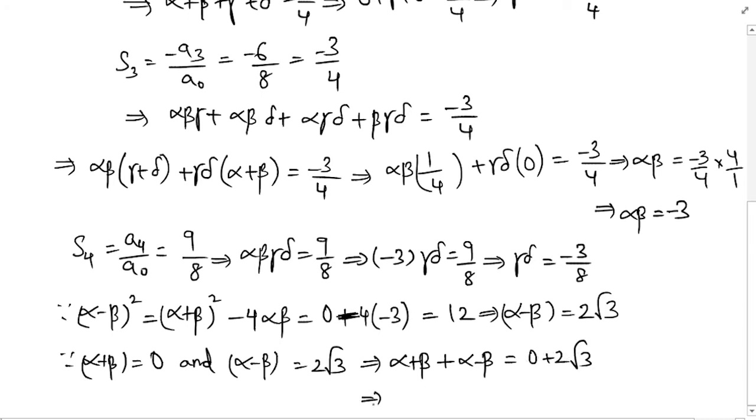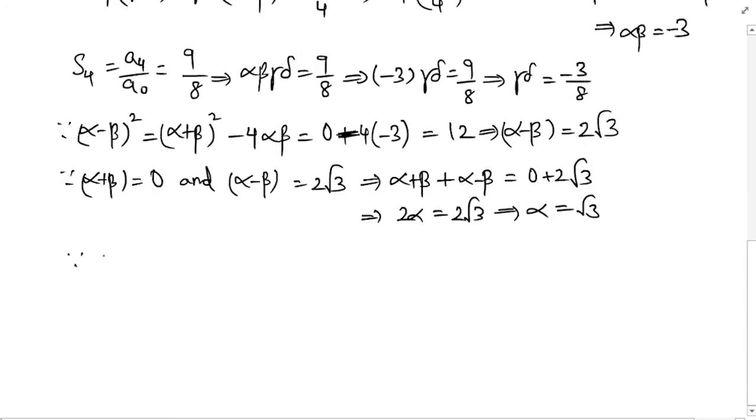Okay, that means 2 alpha is equal to 2 root 3. So we got alpha as root 3. Okay, and since alpha is equal to minus beta, that implies beta is equal to minus alpha. So that means beta will be equal to minus root 3. Okay, it's a bit easy.